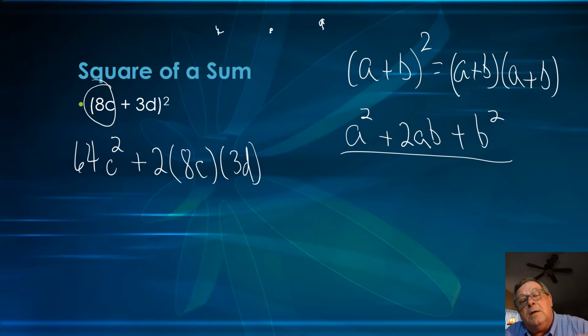Well, 3 times 3 is 9, so that would be plus 9d squared. And then all I've got to do is deal with this middle term and I'll finish this off.